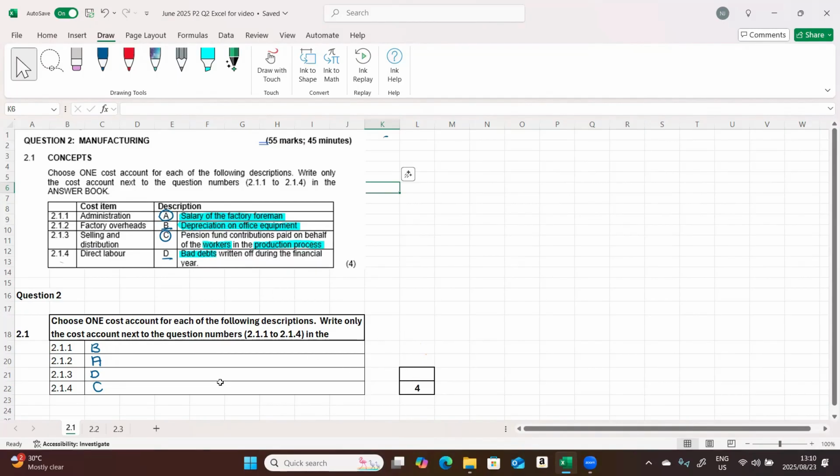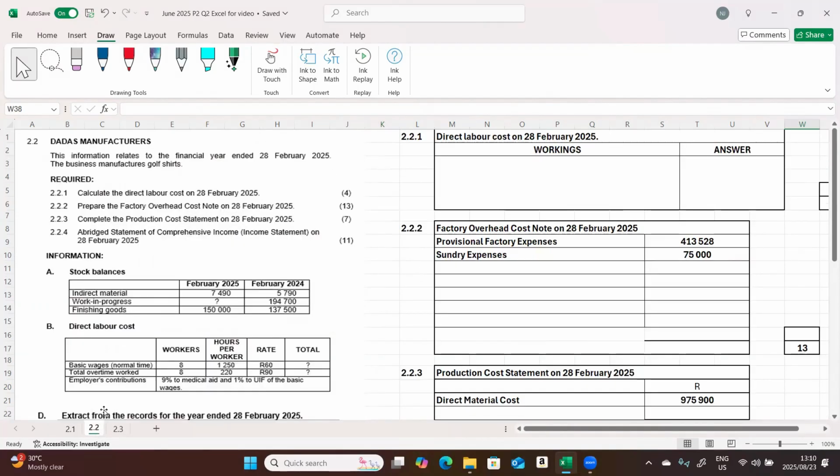Nice and easy. Then we move on to 2.2, which is the detail of what we learned in grade 12 with regards to manufacturing. Now let's read the information. We have our questions and our information on the left-hand side of the screen, and then on the right-hand side, we have some space to answer the questions.